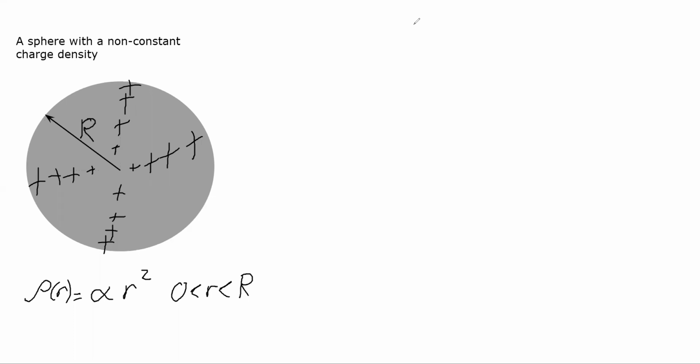How can I find the charge inside a Gaussian surface? Well, first we have to make up a Gaussian surface. Let's say a Gaussian surface is kind of like how I started last time, like that. I'll say that this is lowercase r.